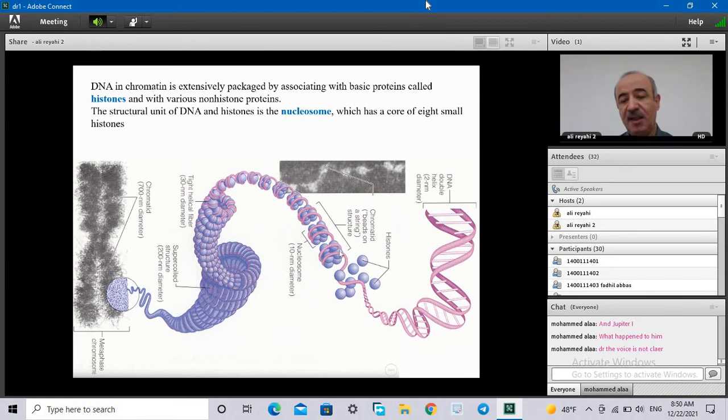So each of these is a nucleosome. The structural unit of the chromosome and chromatin is the nucleosome. The nucleosome has a core of 8 small histones that the DNA strand turns around to form the nucleosome.